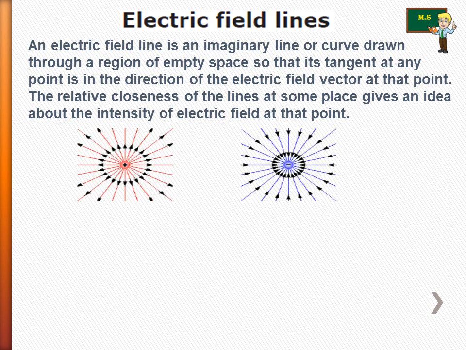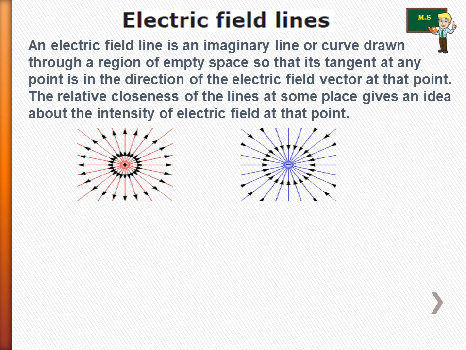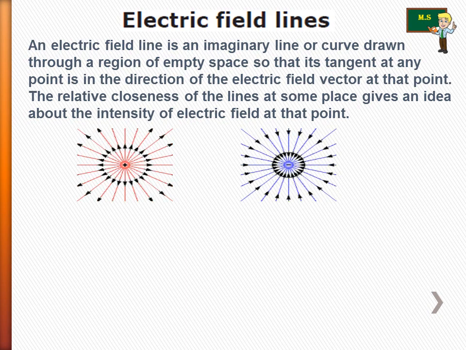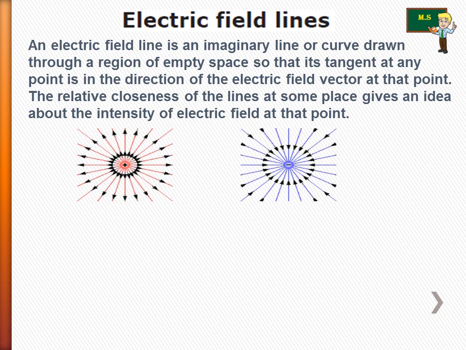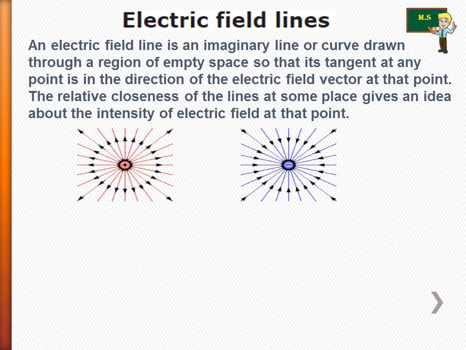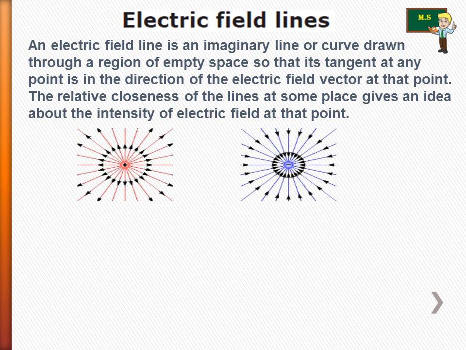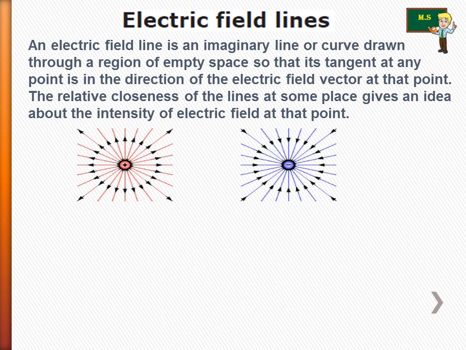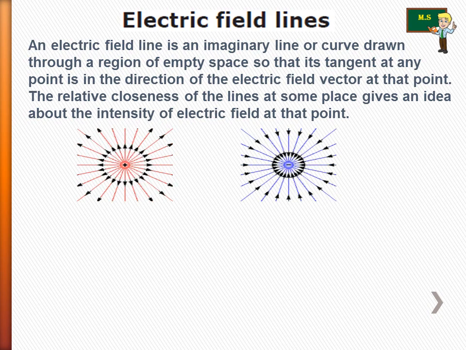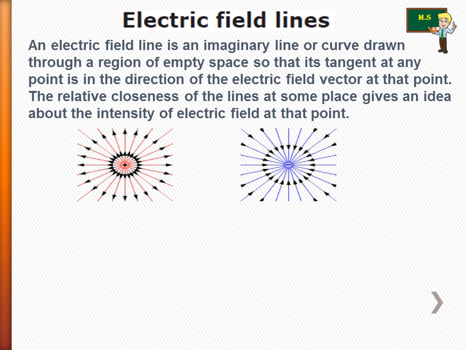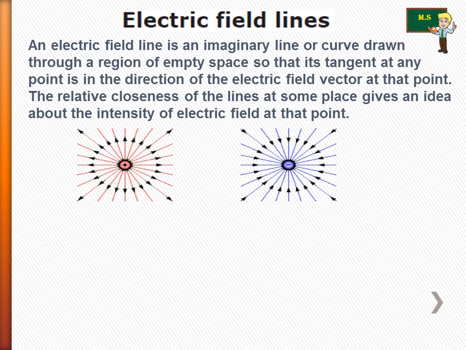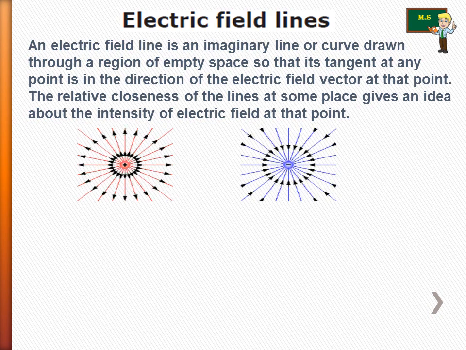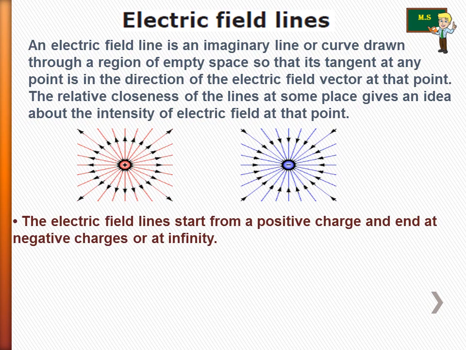Using these two pictures, I wish to show you how these electric field lines move. The electric field is radially outward from the positive charge and inward from the negative charge. You can see the inward and outward motion of the electric field lines using this picture.